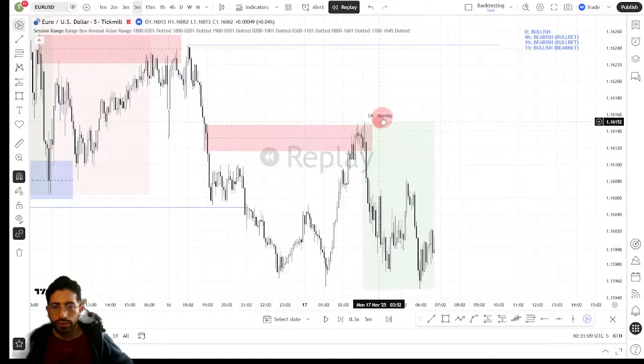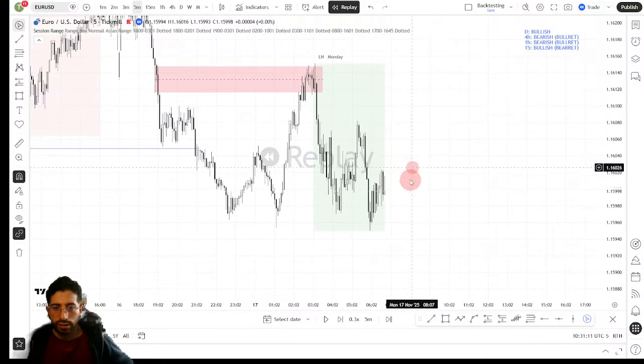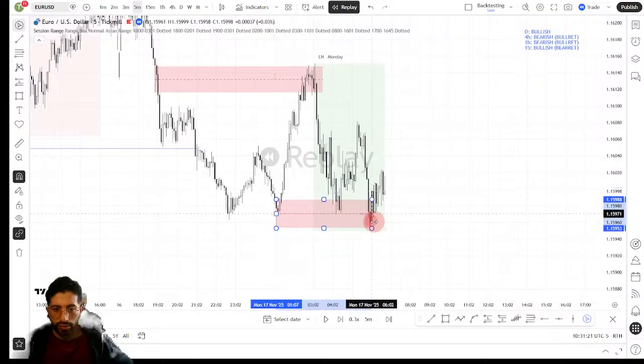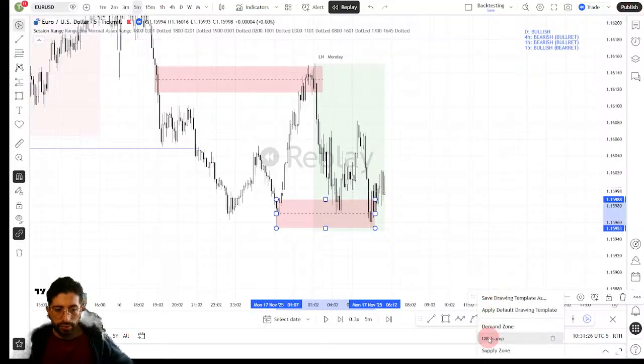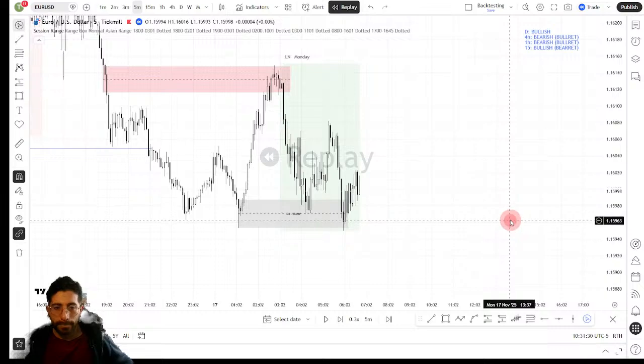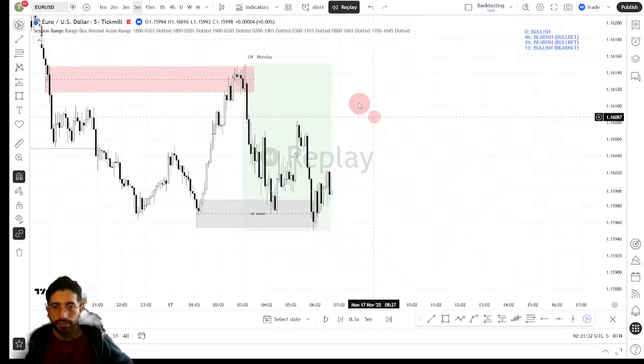It got to this point, and now it's having a reaction. Now look how interesting. Currently the price is in this zone, and here I'm gonna mark something that is called a trap order block or an order block trap, which is order blocks that are in the market to confuse most of the traders, right?